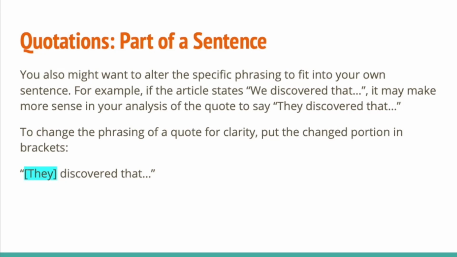So, for example, if the article states, "We discovered that such and such happened," but you want to write it as "They discovered that such and such happened," the way that you can show that you are still quoting it accurately, but you are making it grammatically correct for your own paper, is that you put the word that you want to replace "we" with those brackets. So, quotation mark, bracket, "they," end bracket, "discovered that," etc.